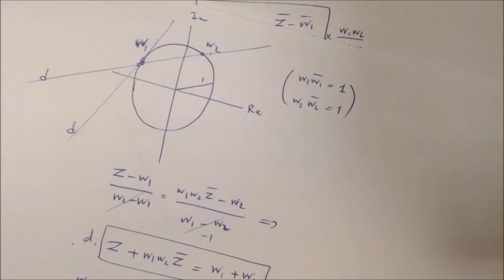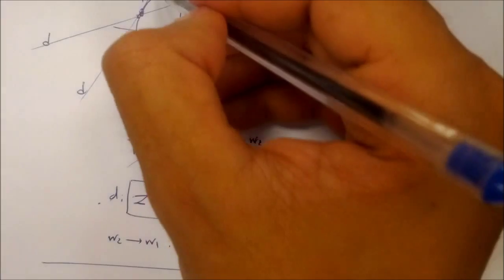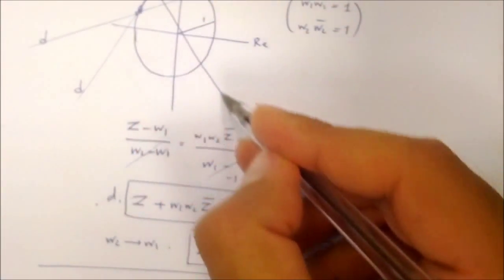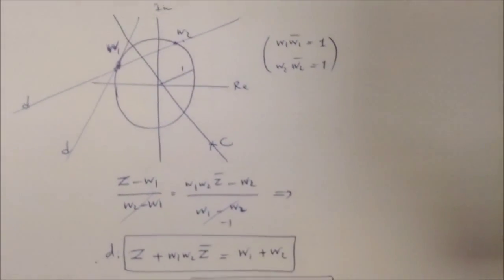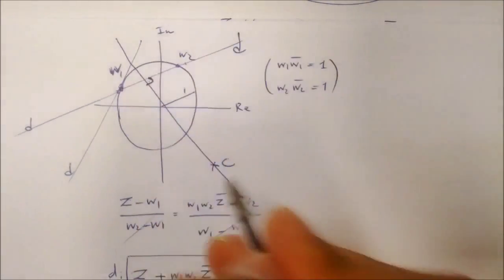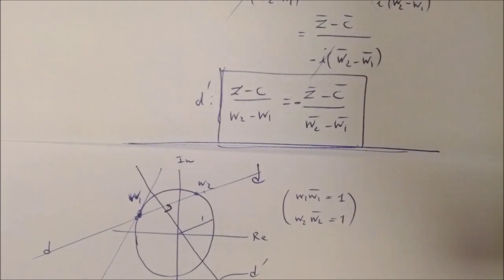And in order to calculate the corresponding equation of the line passing through an arbitrary point C, which is perpendicular to D prime, in fact, the equation was as this one.